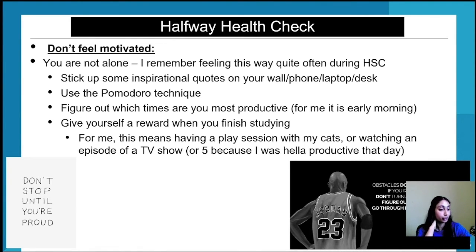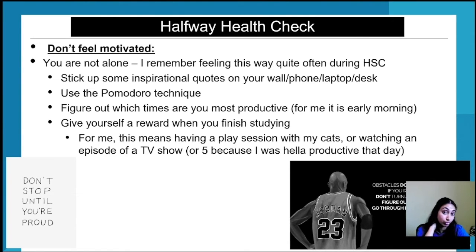For those of you that don't know, you can Google it, but it's basically 25 minutes of study, 5 minutes of break, 25 minutes study, 5 minutes of break, and you just keep going until your study time's up. So that's also probably one of the most popular studying methods.